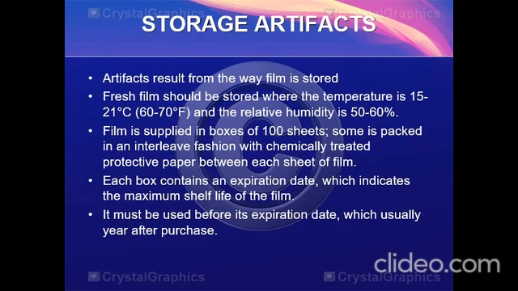So for proper storage, the fresh film, which refers to a film fresh from the box, should be stored where the temperature is between 15 to 21 degrees Celsius or 60 to 70 degrees Fahrenheit.